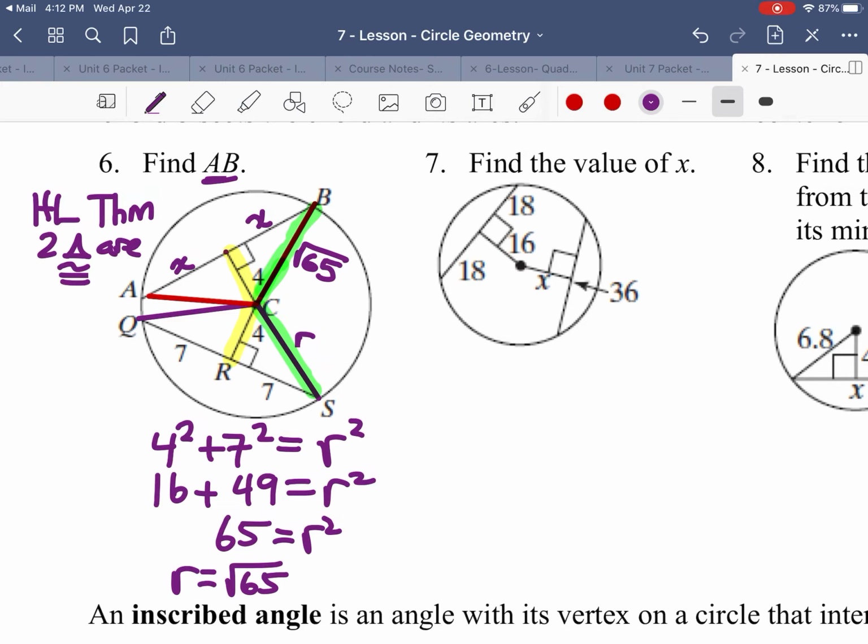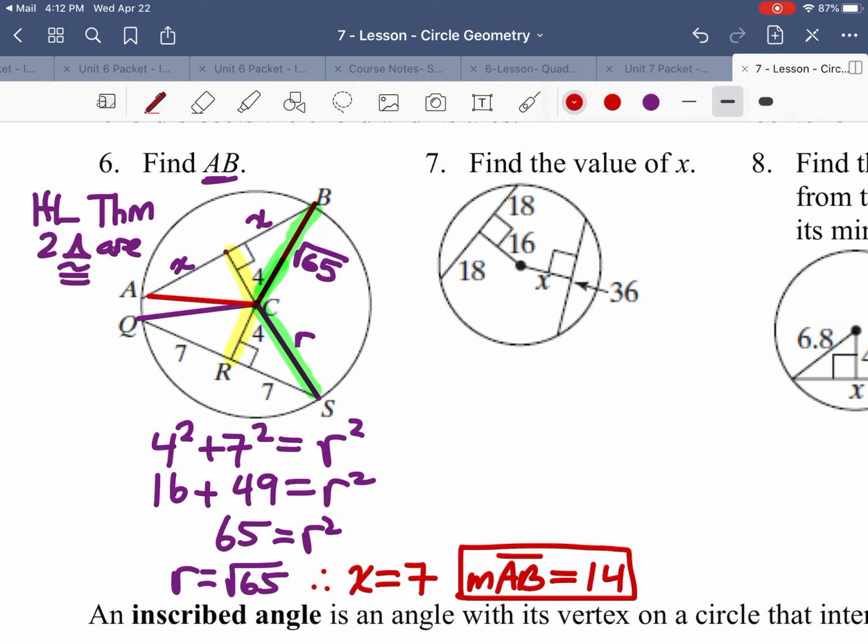So therefore, x has to be equal to 7. All right. So if two triangles are congruent, then their corresponding parts are congruent. All right. So therefore, x is equal to 7, and AB, line segment AB, and actually its measure, use the proper notation, would be equal to 14.